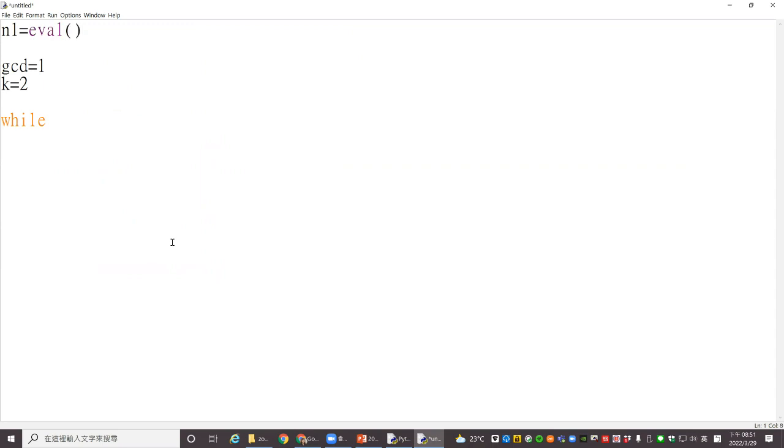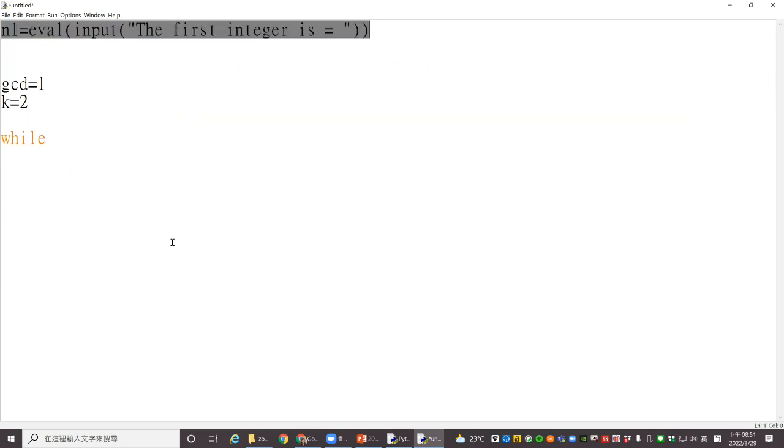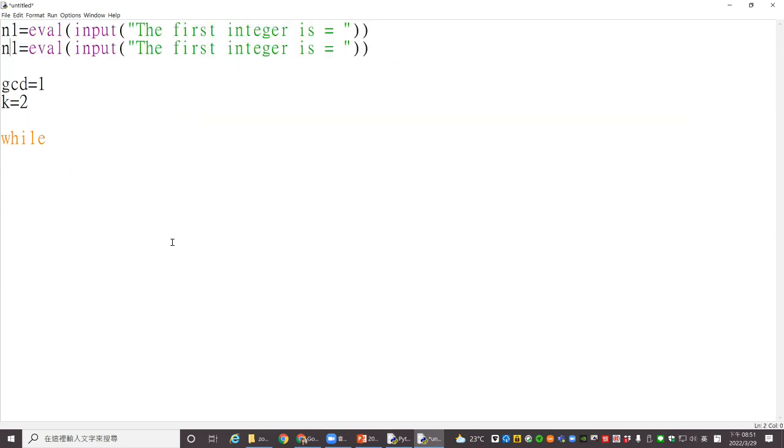So the first integer is input, and this is the other one for n2, right? While k is smaller than or equal to n1, and k is also smaller than or equal to n2.